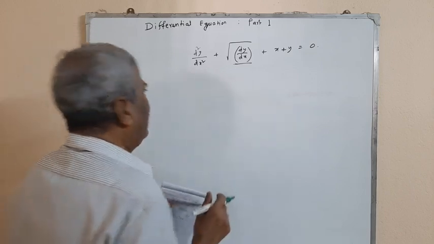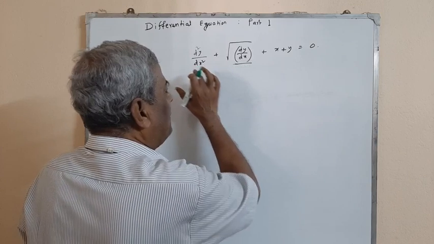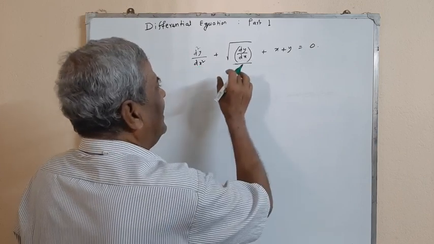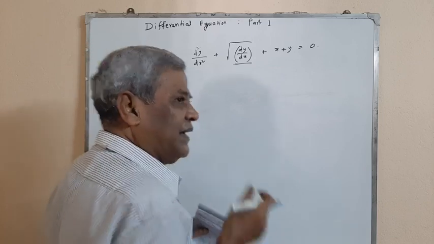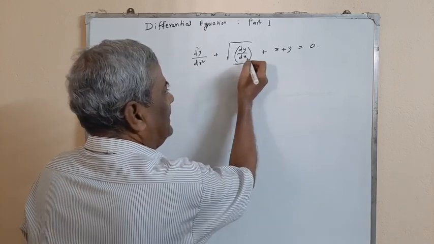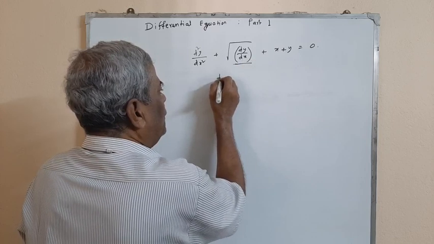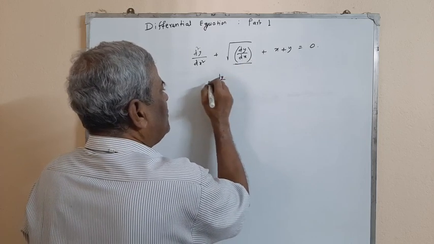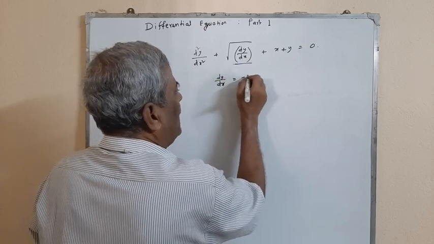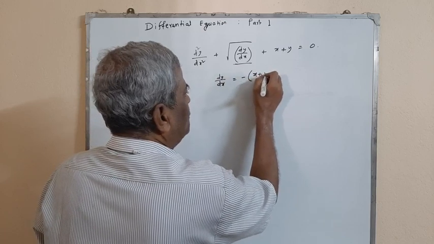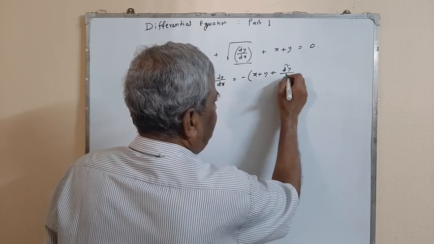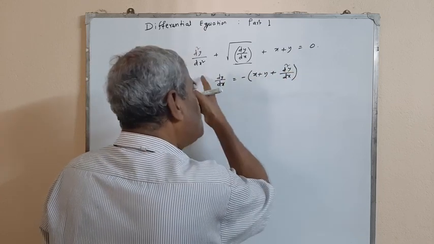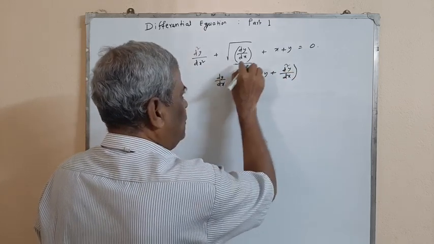How to obtain the degree? We have to somehow make all powers of the derivatives integers. In that case, the square root of dy/dx is equal to minus of x plus y plus d2y/dx2, whole squared, to eliminate the square root.